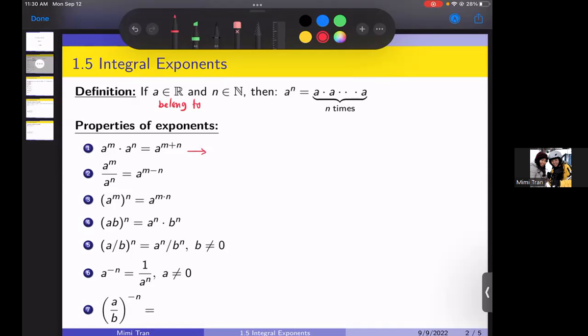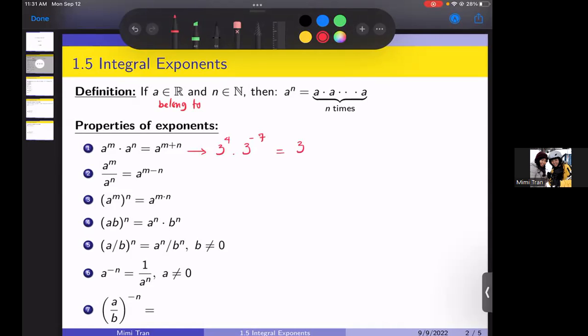Okay, so for example, if I have a to the m times a to the n, it's equal to a to the m plus n. As long as the base is the same, you're allowed to add the exponents. So for example, if I have 3 to the 4 times 3 to the negative 7, I can add them together.